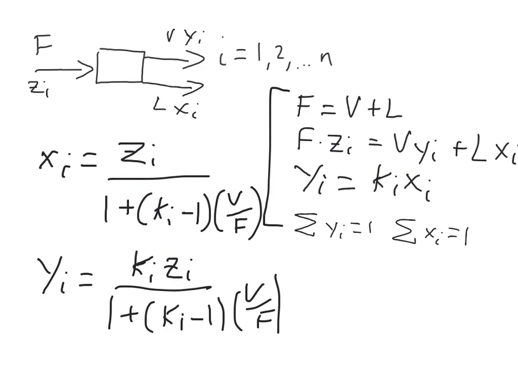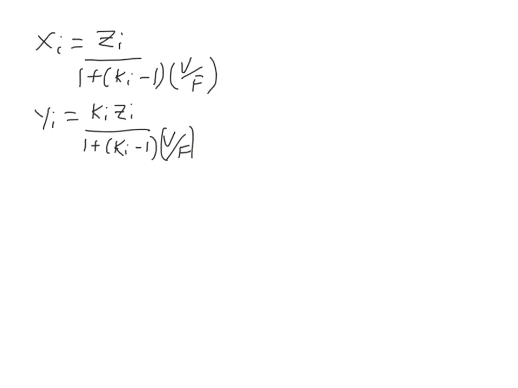And if you look in the Wankat book, you'll see that these equations are listed in there. And these are just the two equations for a multi-component flash drum that tell us what x_i and y_i are. So we can go ahead and get these various mole fractions of the liquid and vapor. And so these are the two equations that we're going to worry about. So again, here's our two equations for x_i and y_i.